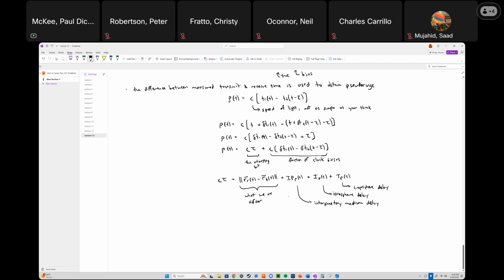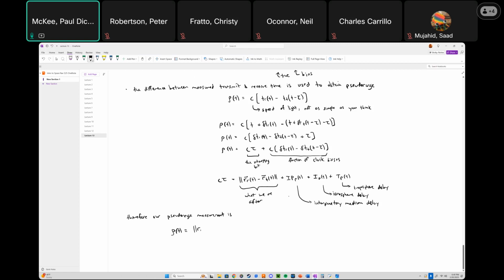So therefore, our pseudo range measurement is, so we're still talking about true range here, so just continue to bear with me for a moment. True range, rho of t, is what we're really after, which is this distance.